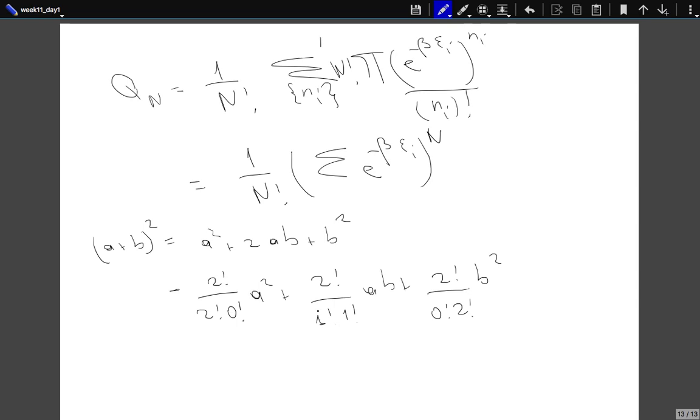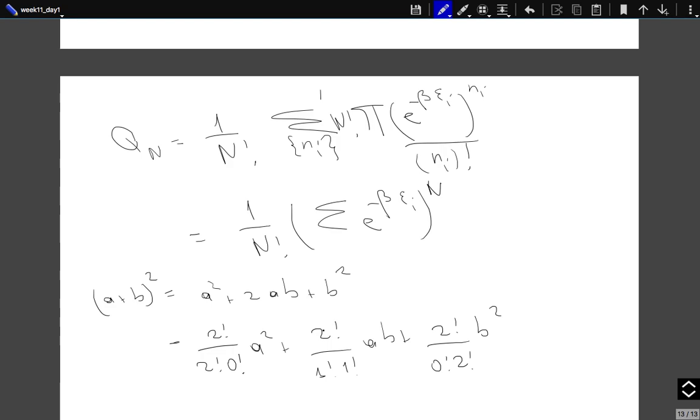Well, the first term has the factorial of the power of a. The second term has the factorial of the power of b in each one of those terms. And for each one of these factors, I have a corresponding factorial.